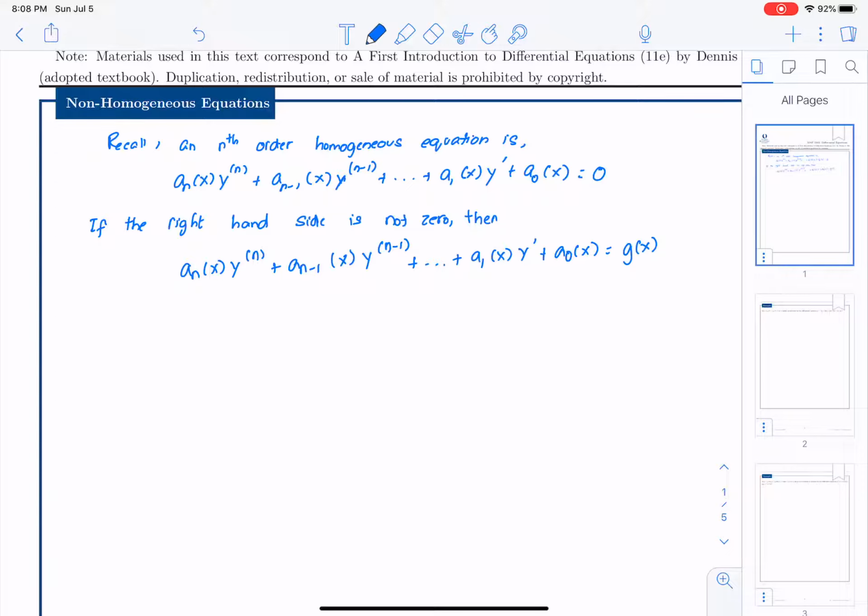The right-hand side, which was 0, made it a homogeneous equation. Now it is not 0, rather it is a non-zero function. So that is a non-homogeneous equation.